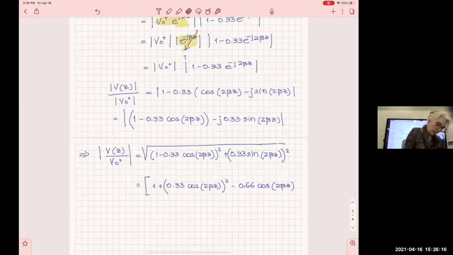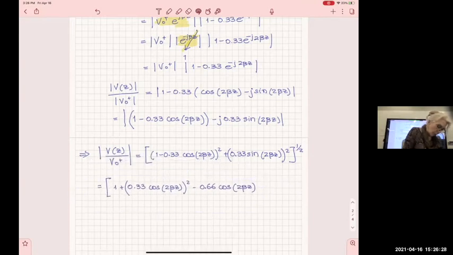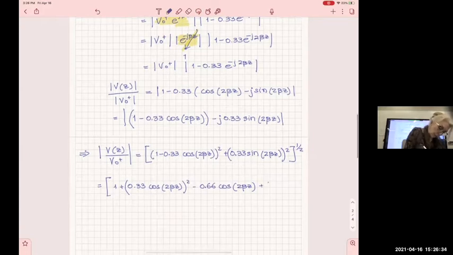So practically, it's better if we write it like this, 1 over 2. Okay, because now I don't have to write this square root this far away. So this one, and then plus 0.33. I don't have enough space.